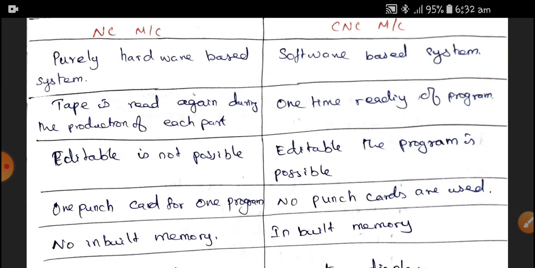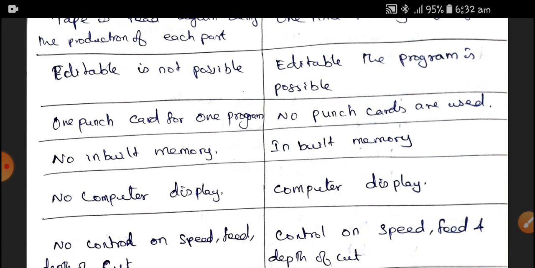In the NC machine tool, editing is not possible, whereas in CNC, editing of the program is possible. In NC, one punch card is used for one program. There is no punch card in CNC. In NC, there is no built-in memory, whereas in CNC, there is built-in memory.